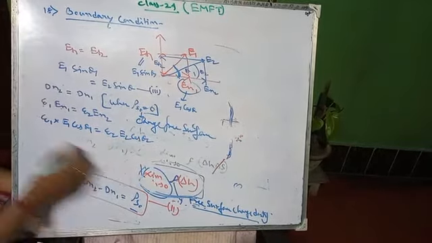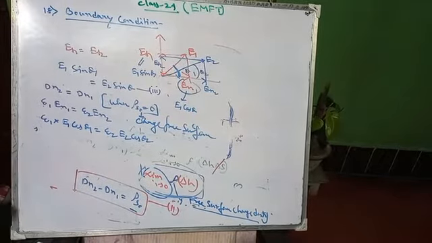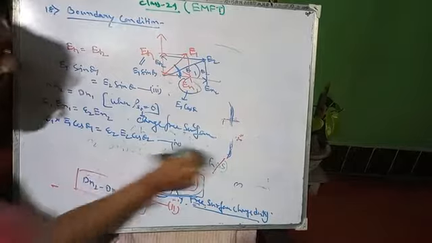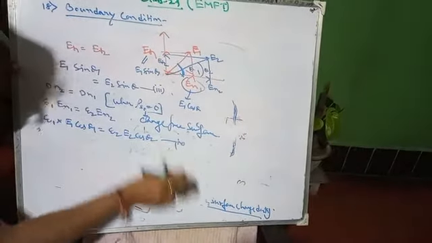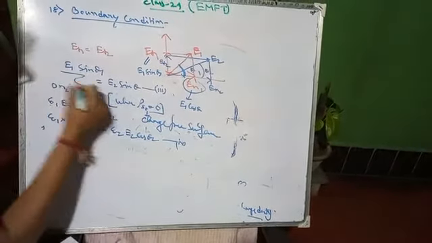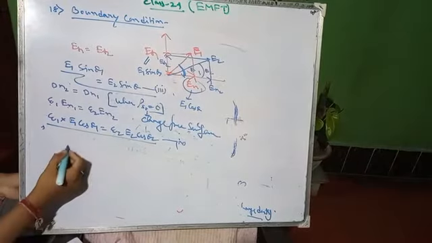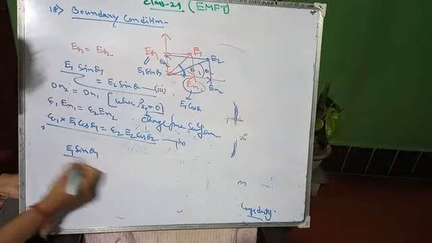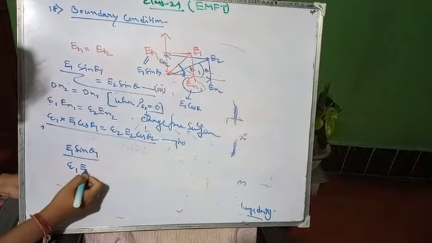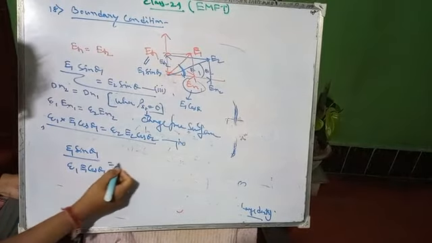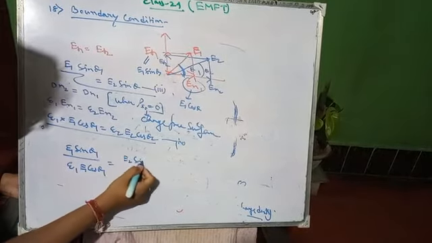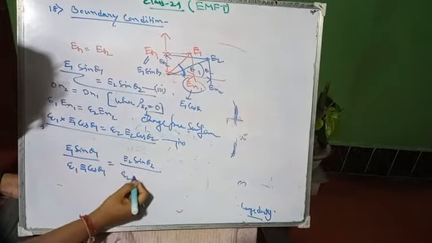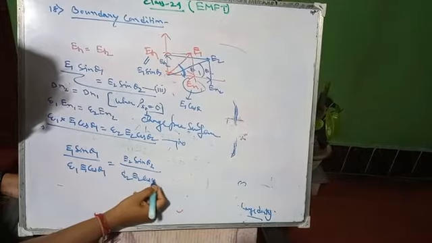Suppose this is equation number 4. Now dividing equation 3 by 4, E1 sin theta 1 by epsilon 1 E1 cos theta 1 equals E2 sin theta 2 by epsilon 2 E2 cos theta 2.